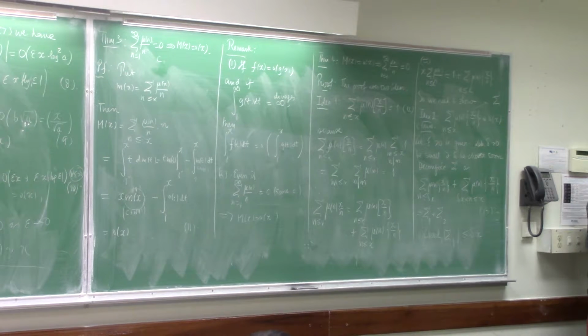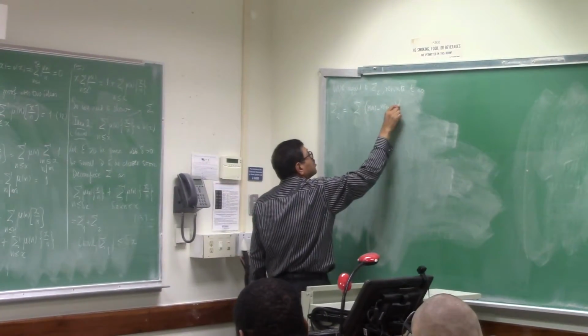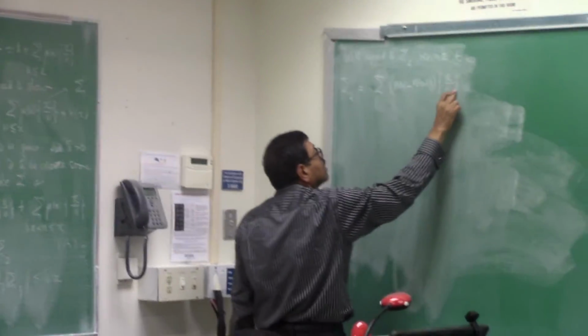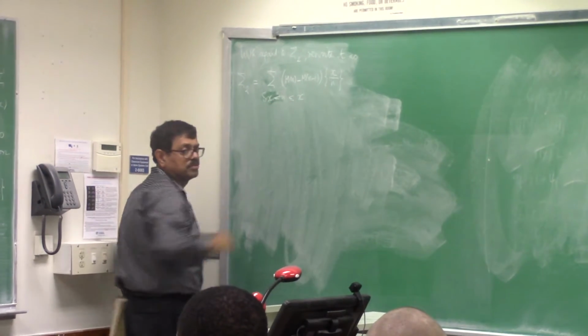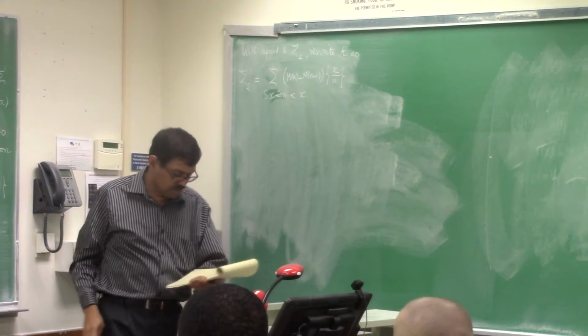With regard to sigma 2, rewrite it as: sigma 2 is equal to the summation of M of n minus M of n minus 1 times the fractional part of x over n. Okay? Just rewrite it that way.